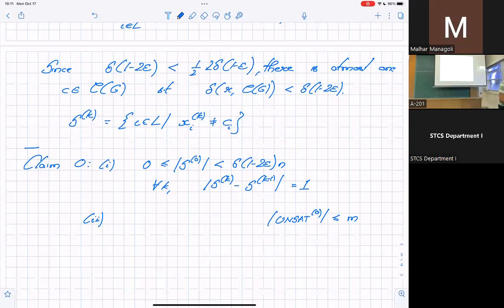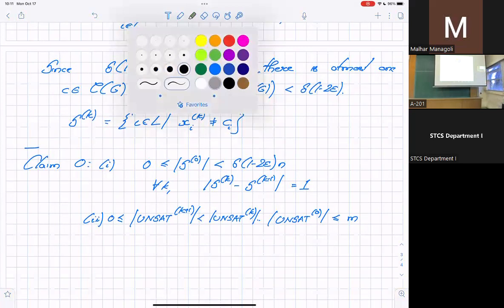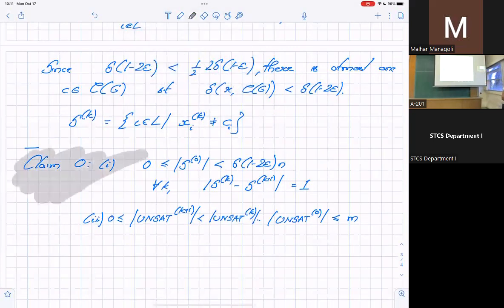Therefore, you always have this feature that unsat of k plus 1 is strictly smaller than unsat of k, and so on. It's an integer number, so it cannot go on forever. So this is claim 1. Claim 1 is just an observation.